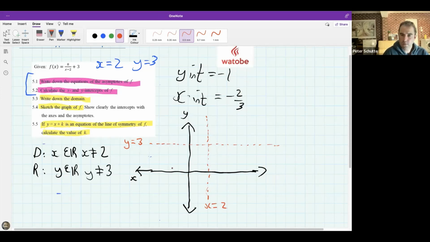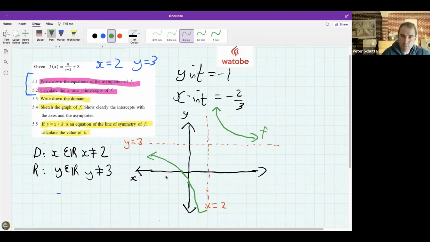Okay, later 1 2/3. And then this should be called the function f.